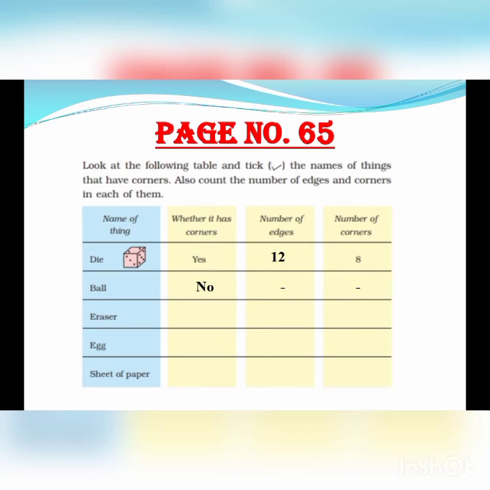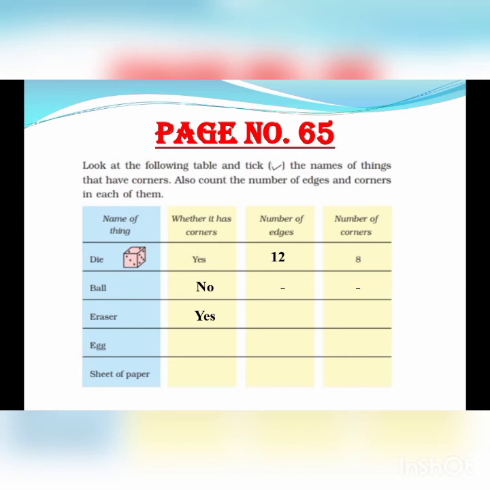Now eraser. Eraser is an example of a cuboid. So we can say yes, it has corners. And we know that in the cuboid, the number of edges and corners are the same as the number of edges and corners in the cube.